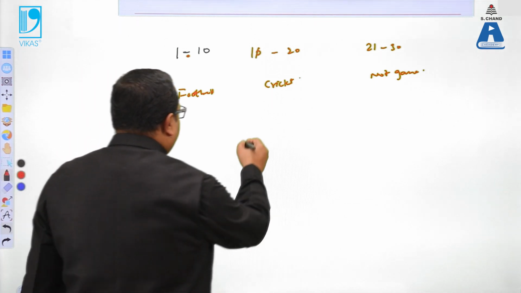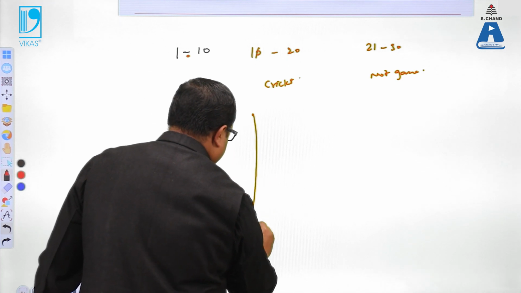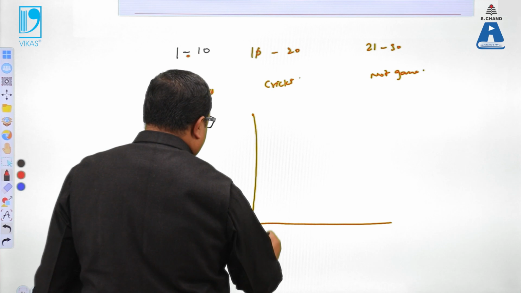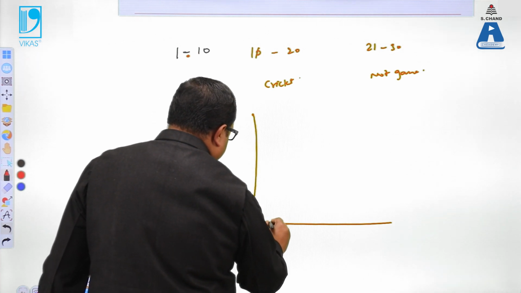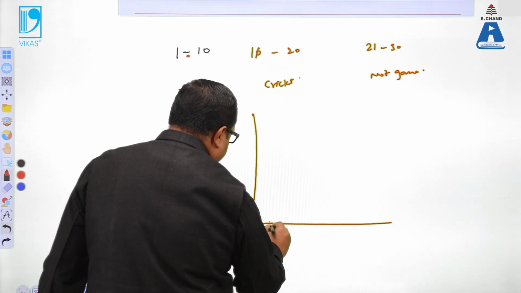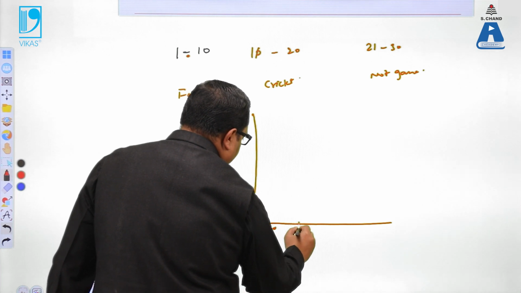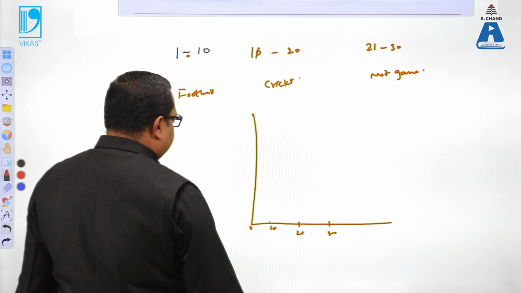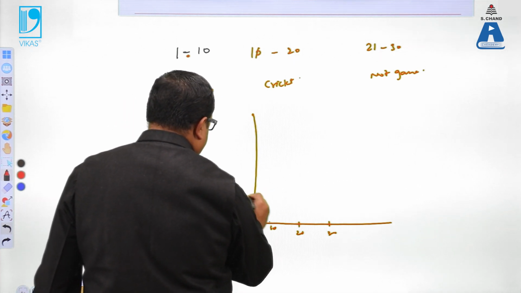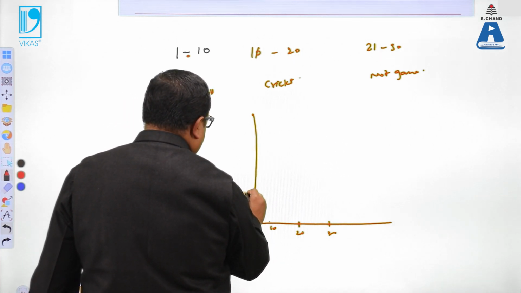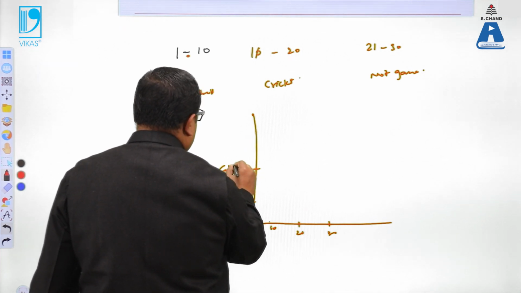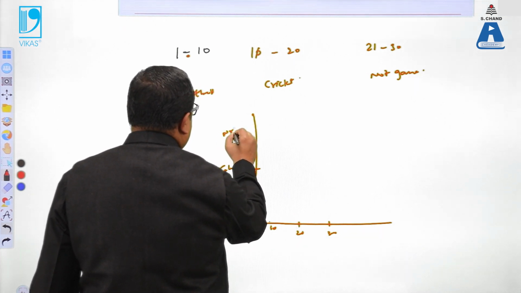So when we make the graph, it will be like this. This will be the range of the students and what they are playing. So first 0, 10, 20, 30, they are the students. Then there are 3 options: cricket, football, and not in any game.